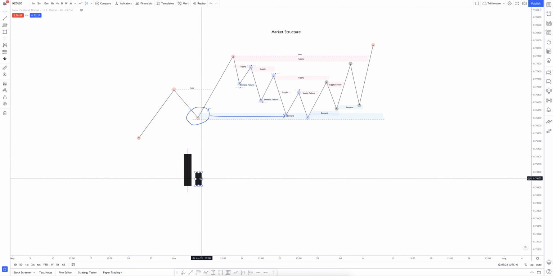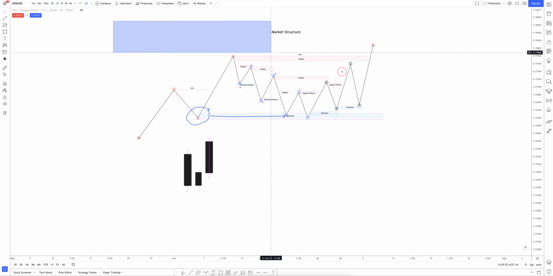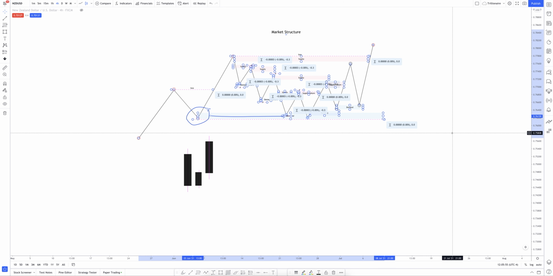Okay, so let's say that this is a bearish candle right here, or a bullish candle, excuse me. All right, and then let's say we have a bullish candle right here. Right? And then let's say price just takes off and continues to push to the upside.